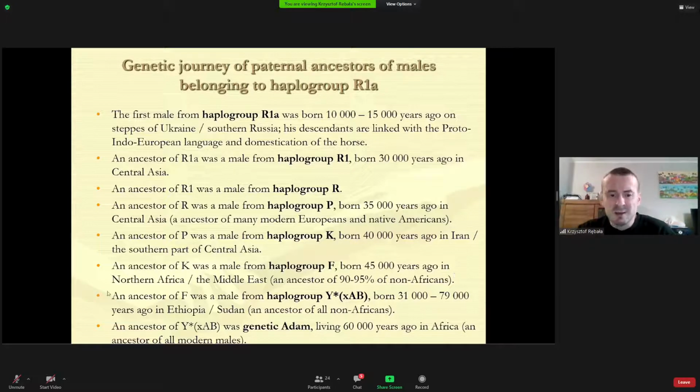An ancestor of F was a male from haplogroup Y, excluding haplogroups A and B, born 31 to 79,000 years ago in Ethiopia or Sudan, who was an ancestor of all non-Africans. An ancestor of Y, excluding A and B, was genetic Adam, living 60,000 years ago in Africa, who was an ancestor of all modern males.